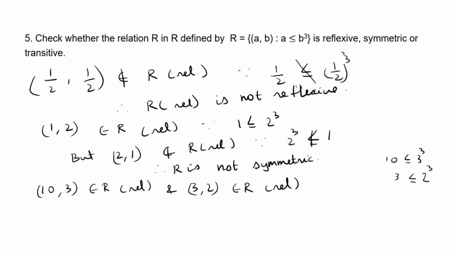So we have (10, 3) in R and (3, 2) in R. If R is transitive, then we should have (10, 2) belongs to R.